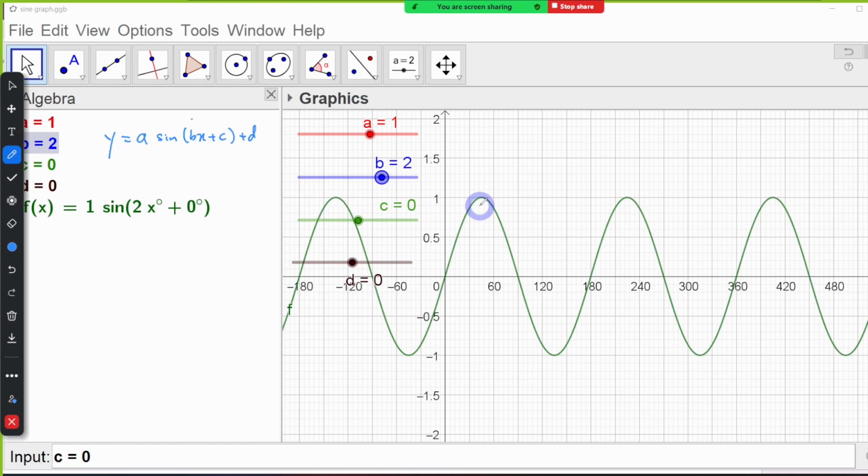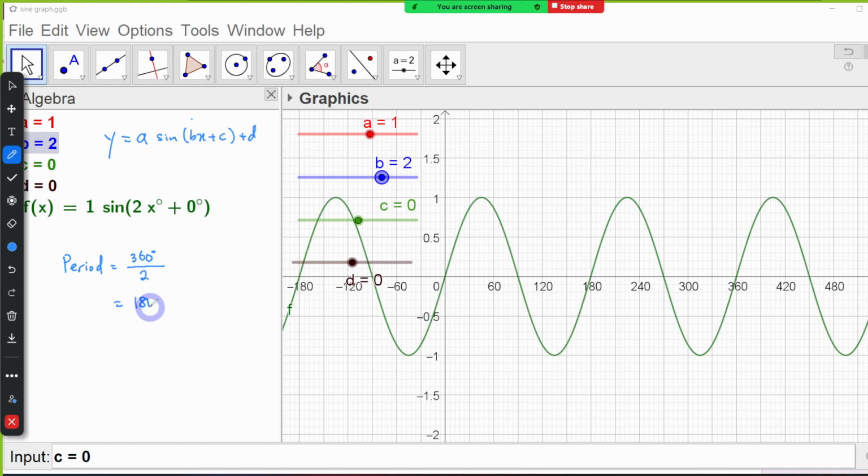Period is the angle required for the graph to complete one full cycle, right? One full cycle is over here, which takes 180 degrees. So how do we get this? The period for a sine graph is equal to 360 degrees, the period of the original graph, the period of the parent graph, divided by the number here. So this is 360 divided by 2.